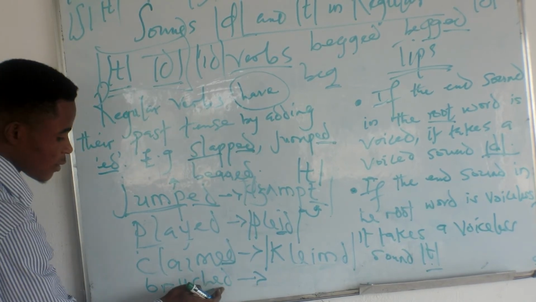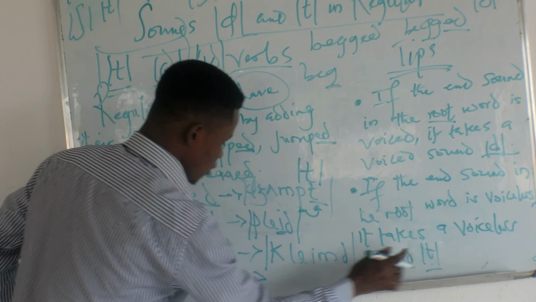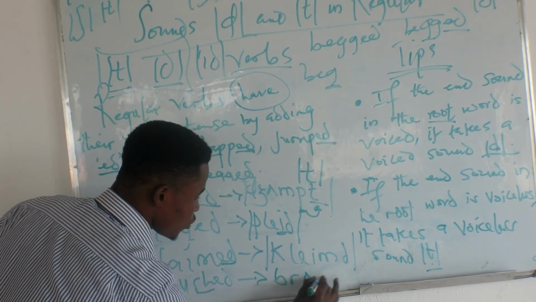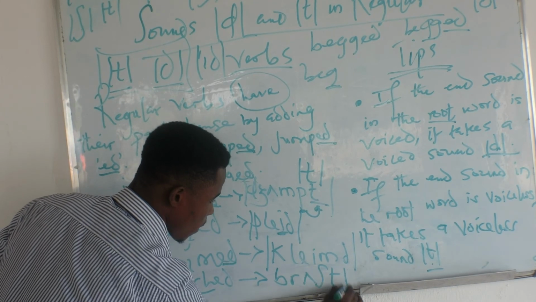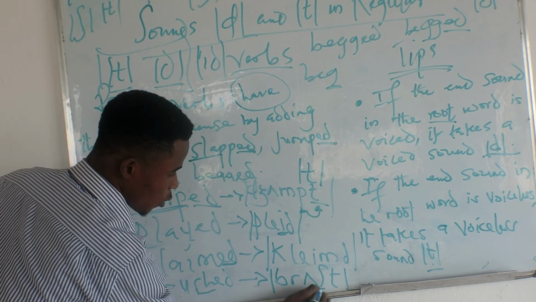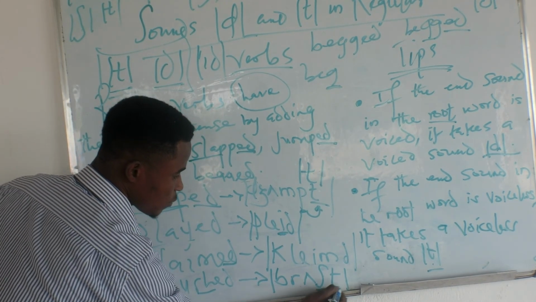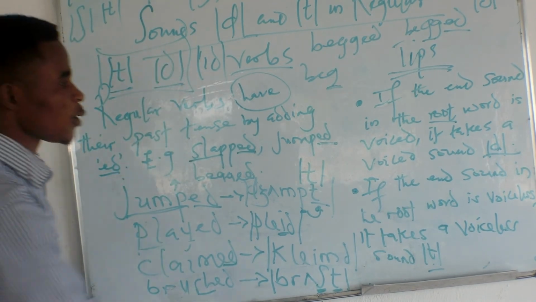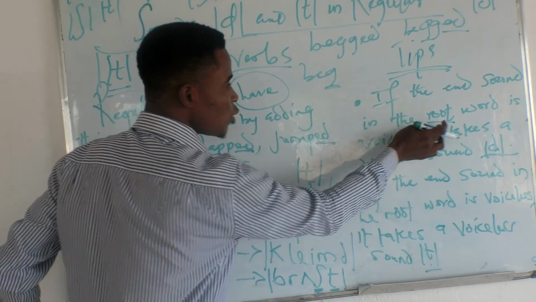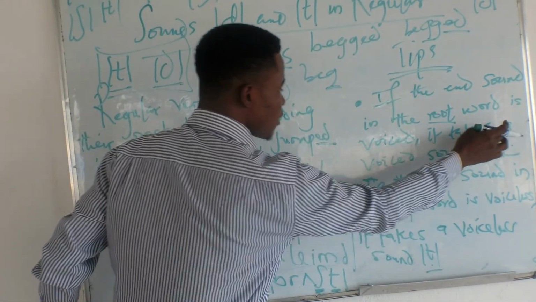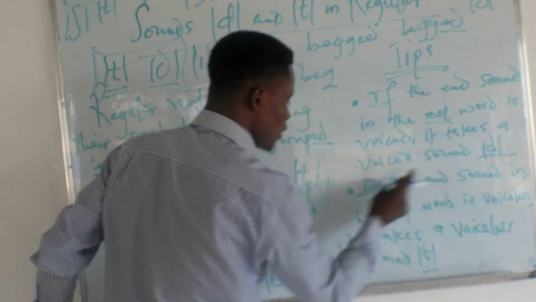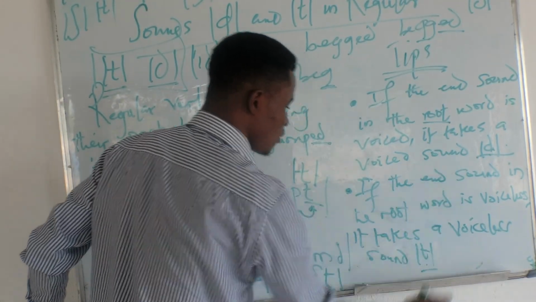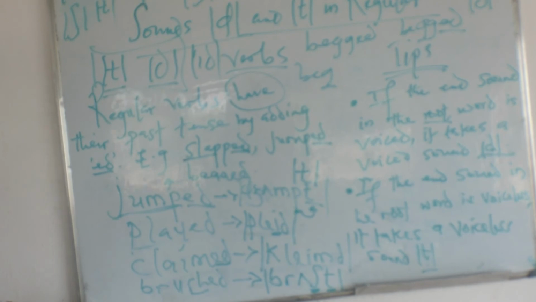Therefore, it will take voiceless t, such that if we transcribe it, we have brushed. So this is sh, and it gives me t. The whole thing is very simple. Just follow the rule. If the end sound in the root word is voiced, it takes a voiced sound. Then 2, if the end sound in the root word is voiceless, it takes a voiceless sound.